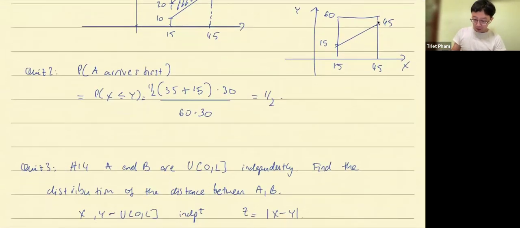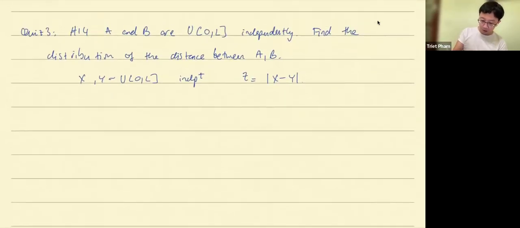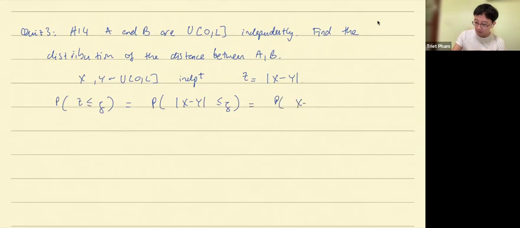But on the other hand, like I pointed out, it's really about the same approach. You start with the probability that Z is less than or equal to little z, and then you plug in the definition and work out the expression. Then you have to compute this somehow, and here I would draw a picture.